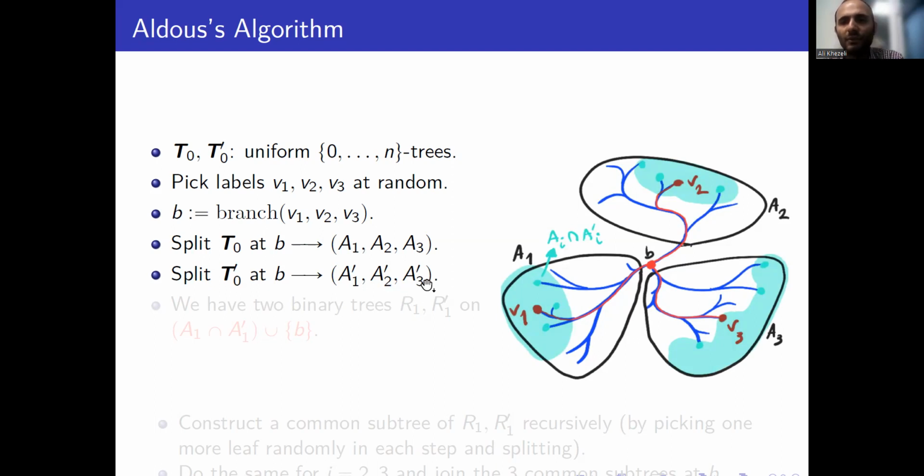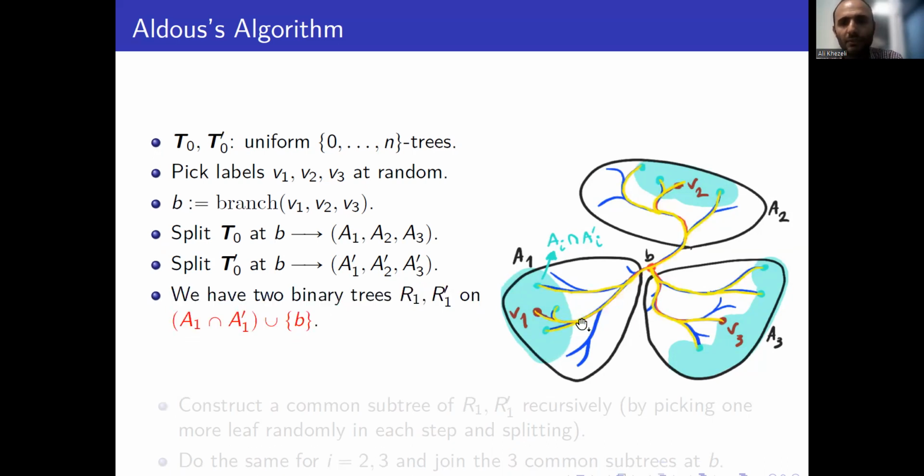It's difficult to draw both of the trees together because it overlaps with T0, and the picture would be very bad. But in the picture, I have only shown the intersection of Ai and A prime i in the light blue regions. It means that for looking for the common subtree, we can throw out everything that is outside these blue regions.